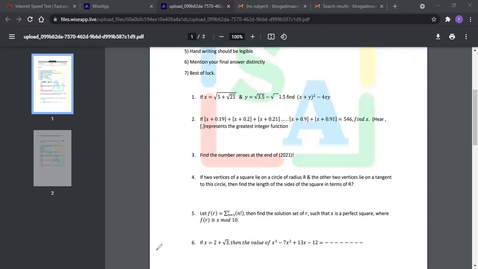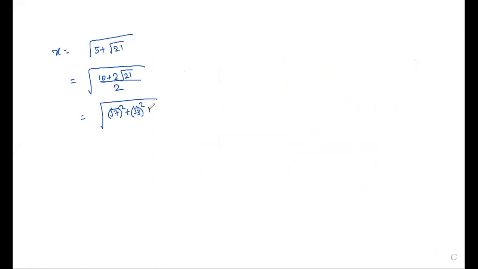Let me just do it on the whiteboard. So, x is equal to... the important step over here is to multiply and divide by 2. Multiplying and dividing by 2 gives us this critical step here: root 7 square plus root 3 square plus 2 times root of 7 root 3 by 2.